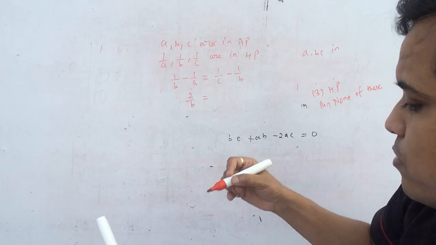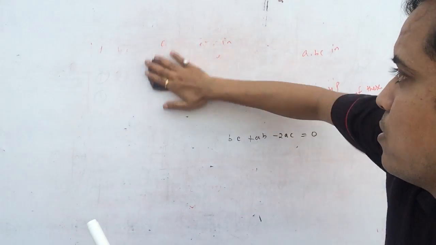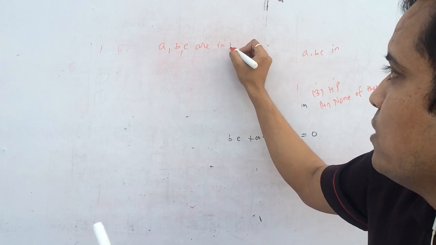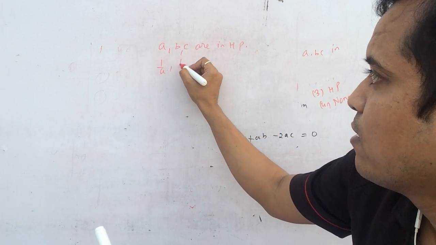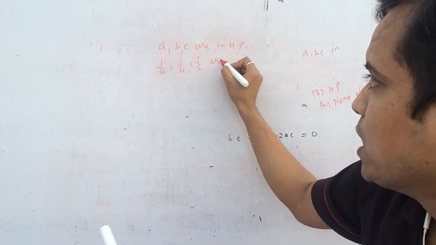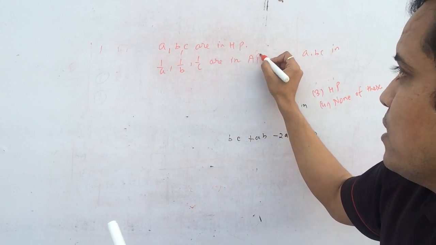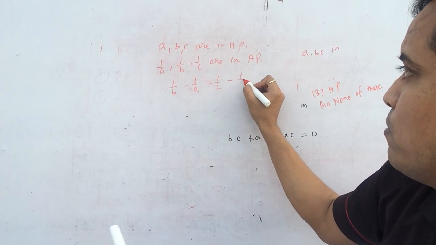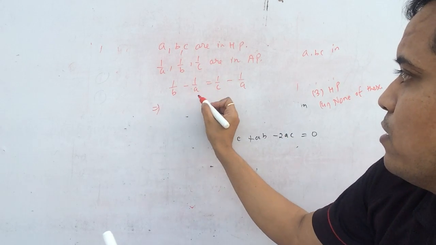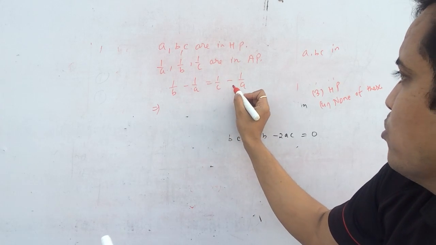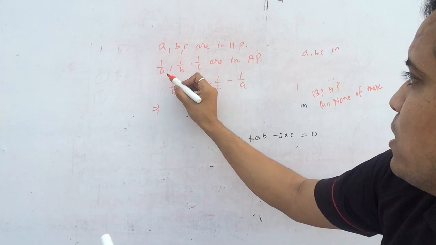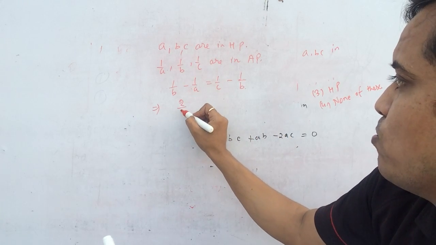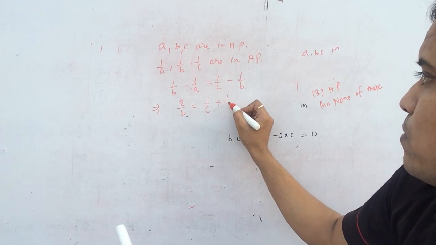If a, b, c are in HP, then 1 by a, 1 by b and 1 by c will be in AP. In AP the common differences are equal. I am only telling you the basic concept. So 1 by b minus 1 by a equals 1 by c minus 1 by b, and when you move this, you get 2 by b equals 1 by c plus 1 by a.